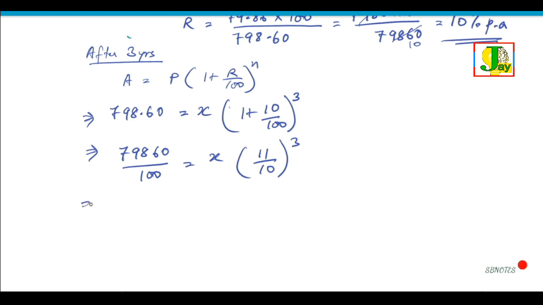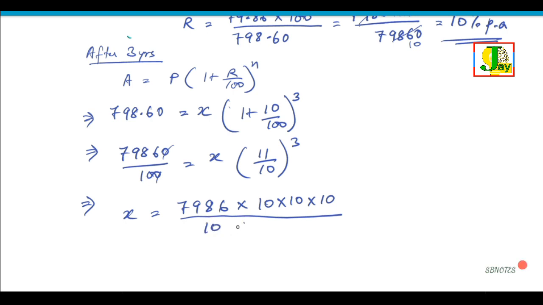So x equals 7986, 0 cancelled, into 10 into 10 into 10, divided by 11 three times.